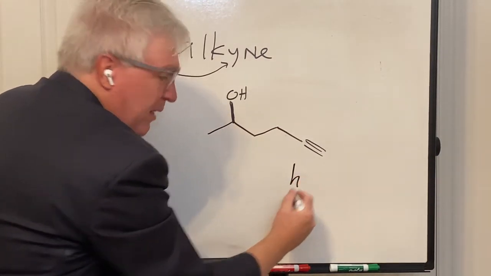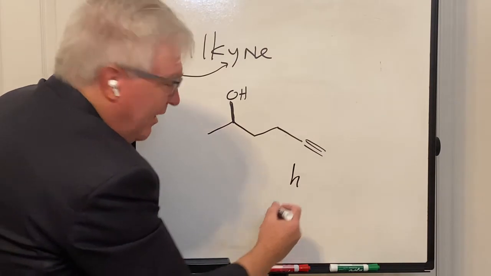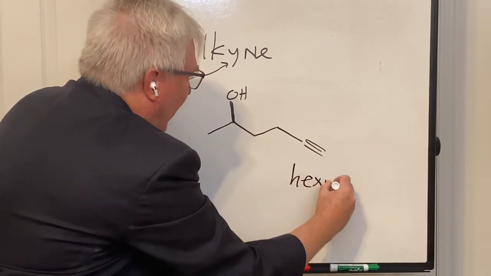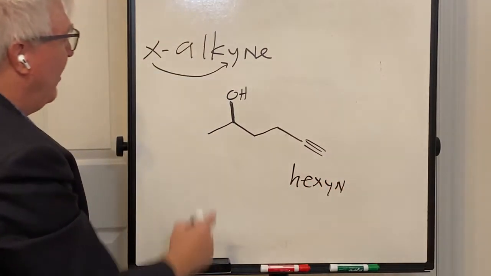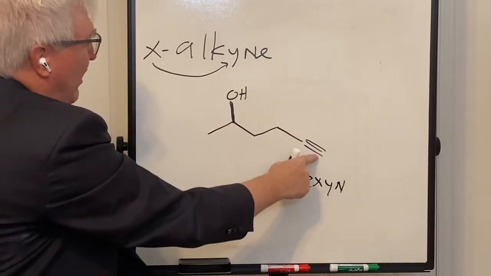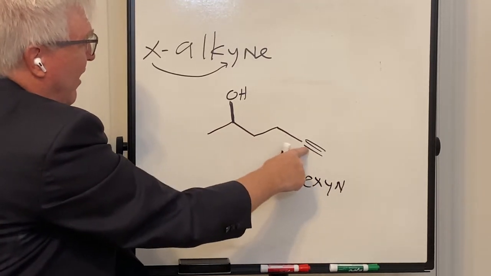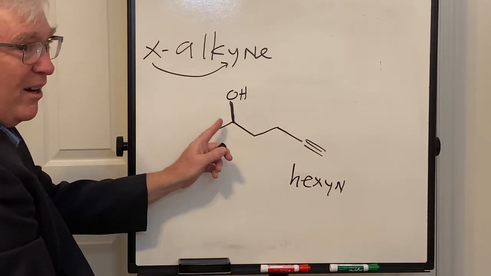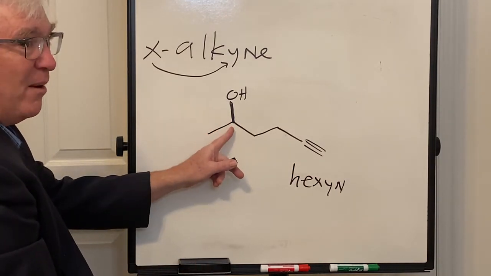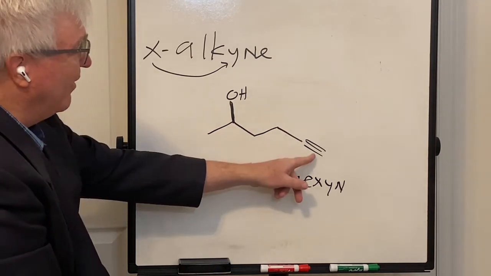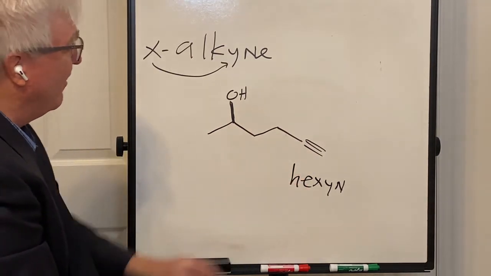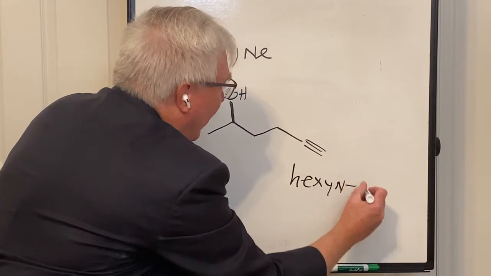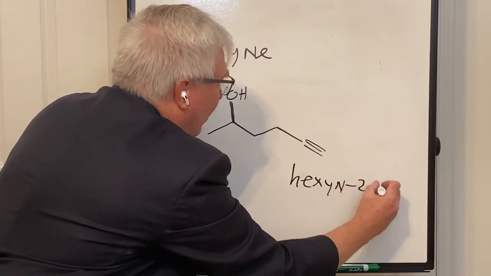So it's a hexyne, and then the ol position here. And do we give this number 1 here for the alkyne or number 2 for the alcohol? Well, alcohols have priority, which means they get the lowest number possible, regardless of anything that's lower in priority. So it's an alkyn-2-ol.